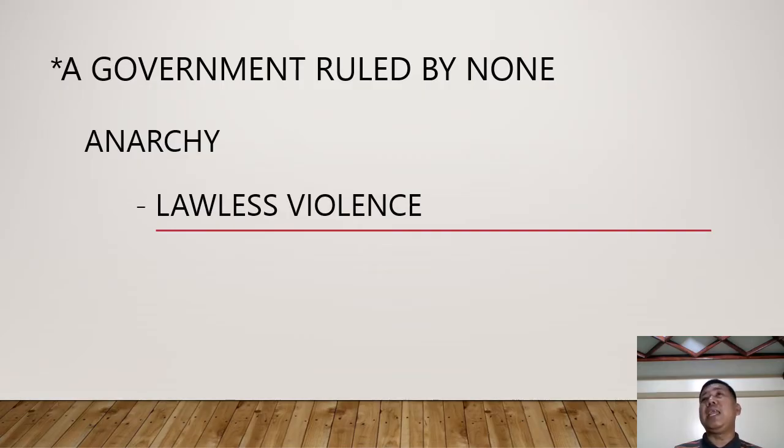There could be killing from one to another, burning one to another, arson, etc., rape. That is lawless violence because of an anarchic government. There could be chaos. That is what will happen if there is no ruler in the government, when there is no proper rule in the government that is being followed.